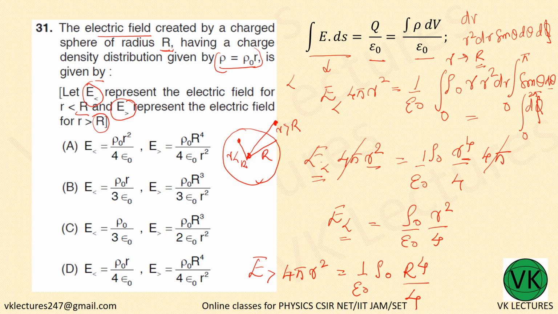The 4 pi and 4 pi get cancelled. Bringing this r squared to the denominator, E greater is equal to rho naught by epsilon naught times capital R power 4 divided by 4 r squared. So your option A is the correct option.